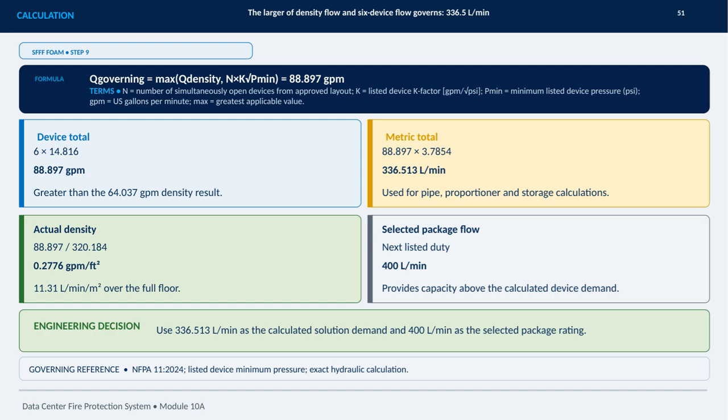For engineering use, 336.513 liters per minute is carried into the pipe, proportioner, and storage calculations. The selected package rating is the next listed duty, 400 liters per minute, providing capacity above the calculated demand. This decision follows NFPA 11:2024, the listed minimum device pressure, and the exact hydraulic calculation.